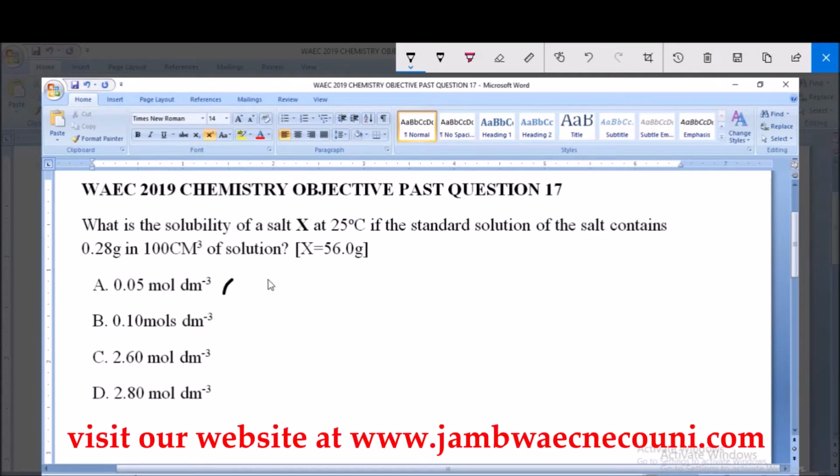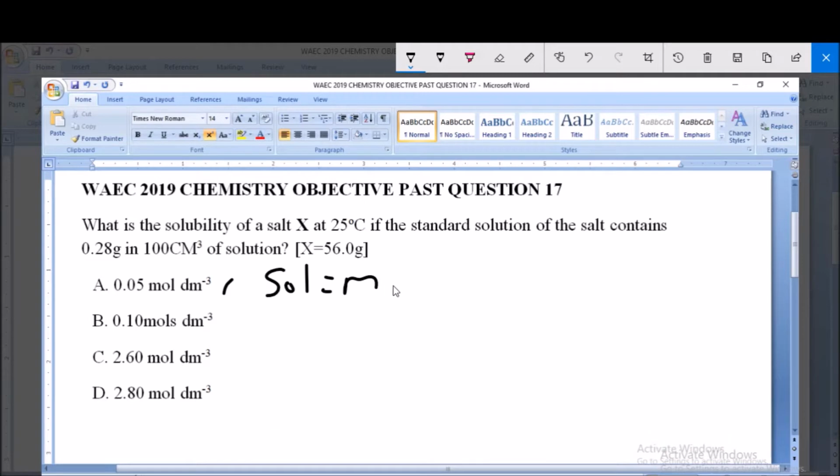Now, solubility is equal to mass over molar mass, multiplied by 1000 over volume.